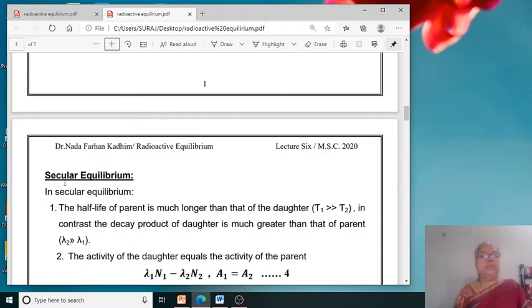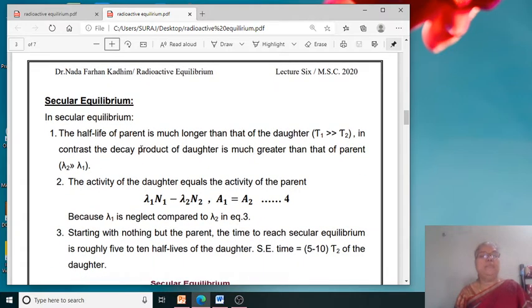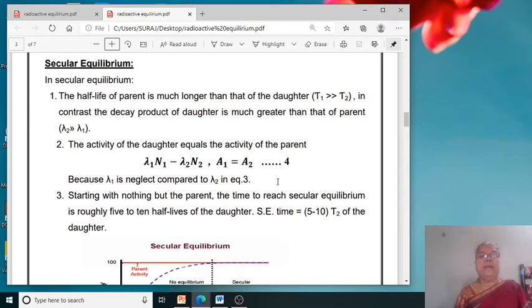Here the first type of equilibrium is secular equilibrium. In secular equilibrium, the half-life of the parent is much longer than that of the daughter. In contrast, the decay rate of the daughter is much greater than that of the parent. The activity of the daughter equals the activity of the parent. That means the rate of disintegration of the parent is equal to the rate of formation of the daughter.